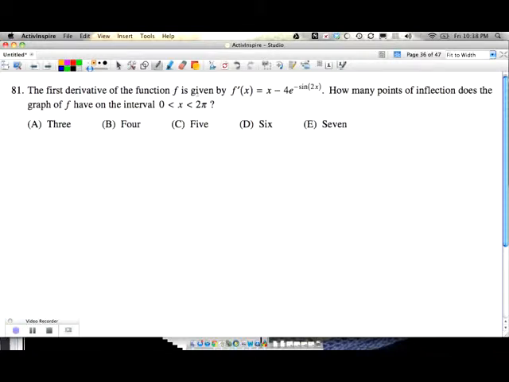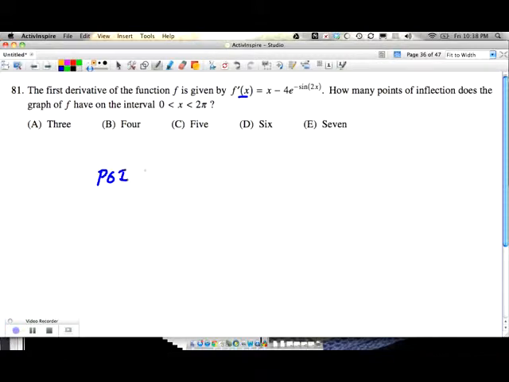The first derivative of the function f is given by f prime of x equals x minus 4 times e to the negative sine 2x. How many points of inflection does the graph of f have on the interval 0 to 2 pi? So this is my first derivative. And how many points of inflection?